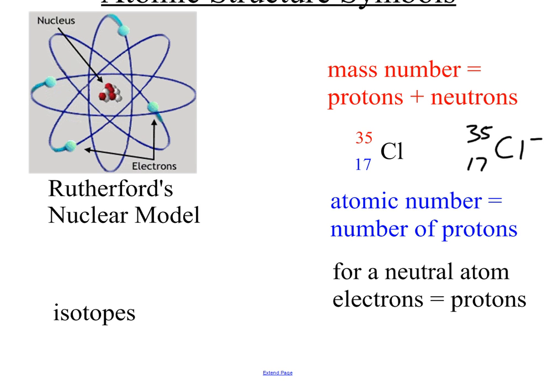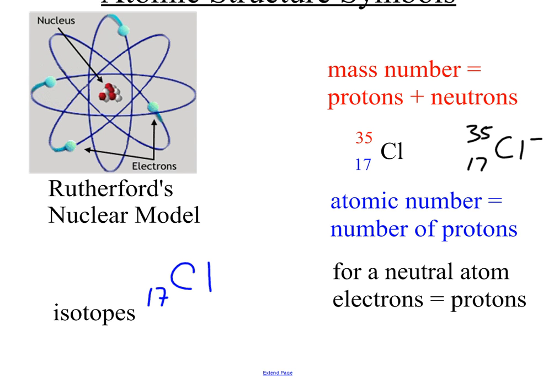The other term that we need to be familiar with is isotopes. So you see that this chlorine has 17 protons, 18 neutrons. There is another isotope of chlorine, so it would be Cl 17, but instead of 18 protons, or sorry, instead of 18 neutrons, there are 20 neutrons.